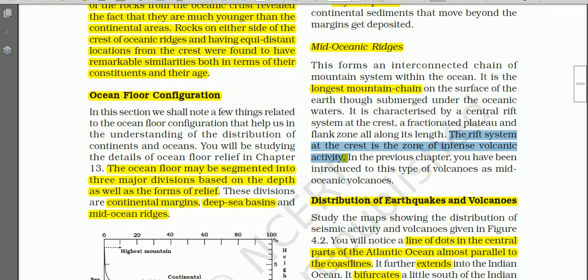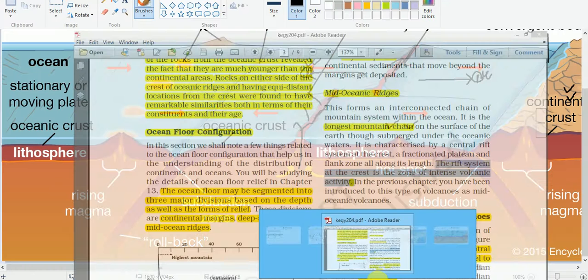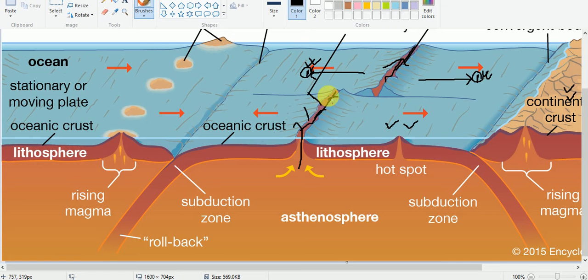Here the rift system at the crest is the zone of intense volcanic activity. Crest means this. At the crest we have these intense volcanic eruptions.